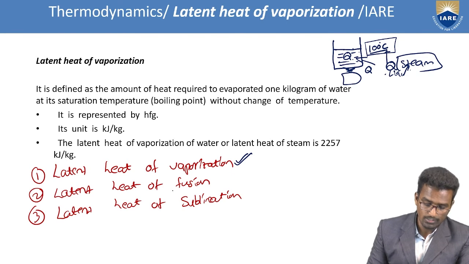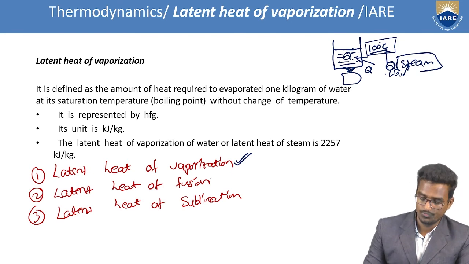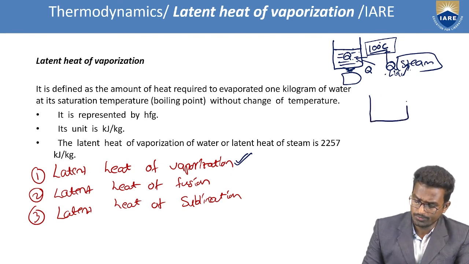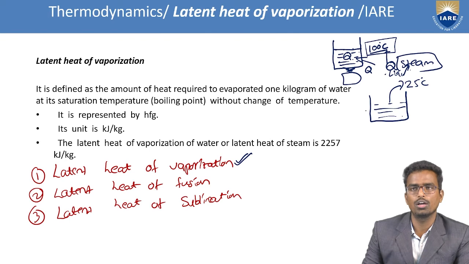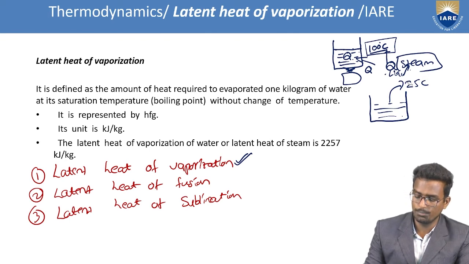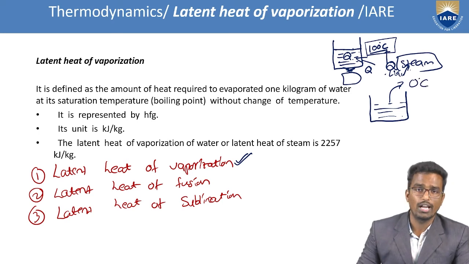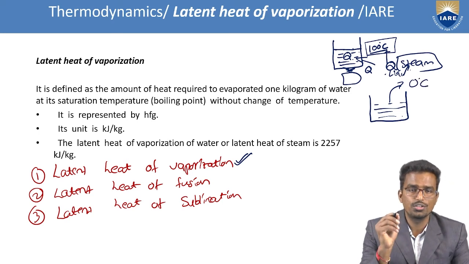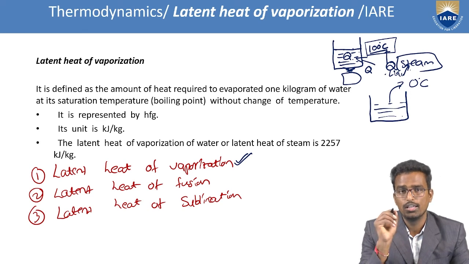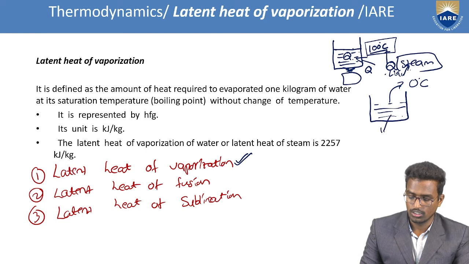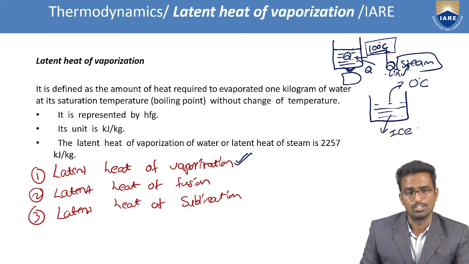Next, we have latent heat of fusion. I am taking the same water. Now the water is at 25 degrees centigrade. Now I keep this water in a freezer. Due to that, the temperature drops and reaches 0 degrees centigrade. We know that when water reaches 0 degrees centigrade, it starts solidifying and forms ice.